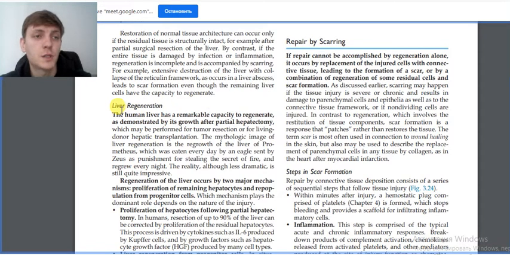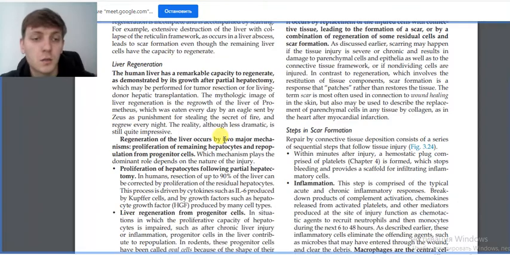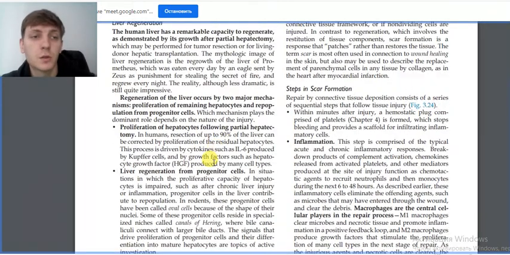Okay, by example, we can explain liver regeneration. It's a very specific type of regeneration. The human liver has a remarkable capacity to regenerate, as demonstrated by its growth after partial hepatectomy. You remember from histology that we have stem-like cells present near the cholangial ducts. These cells can repopulate the hepatocytes. Hepatocytes are unable to undergo cell division, but we have some stem cell population inside the liver.